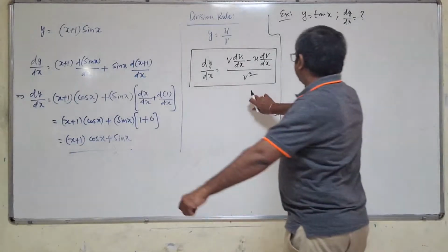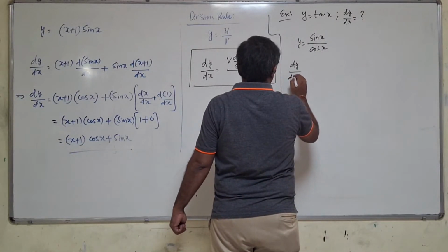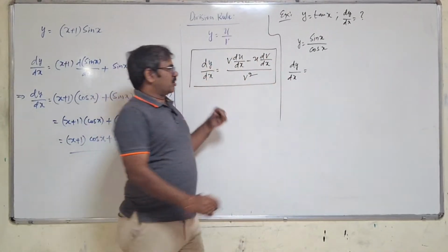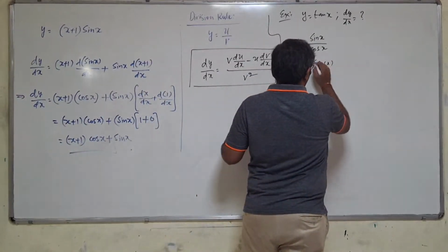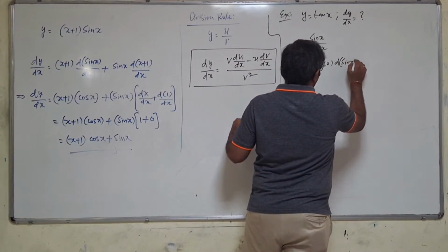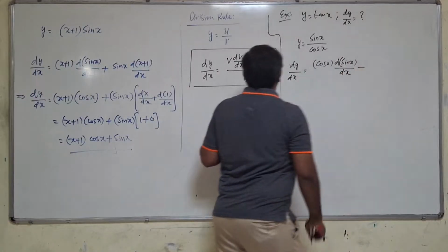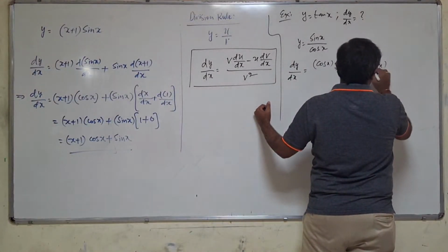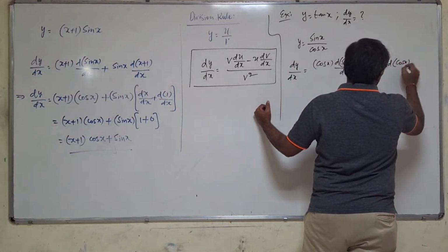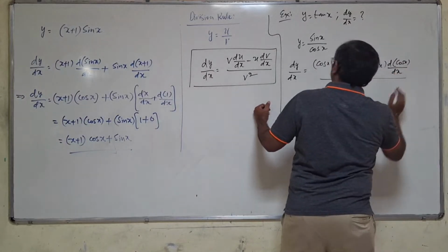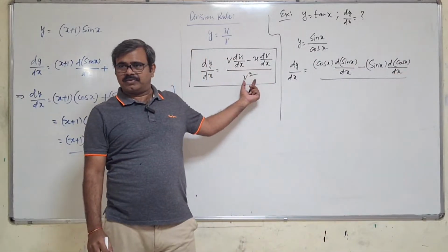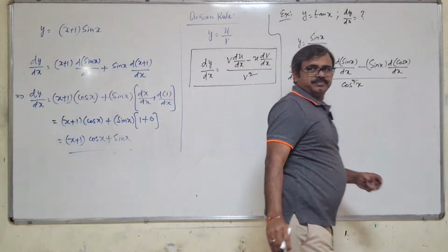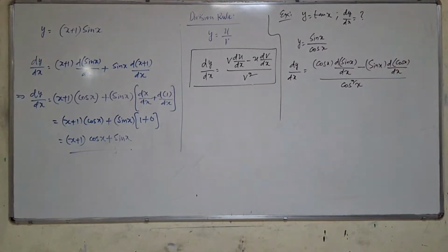Now if I apply the division rule, how do I write it? Dy by dx is equal to, what is our v? Cos x. Cos x into d sin x by dx minus u, sin x, into d cos x by dx, by v square, which means cos square x. Are you following this?